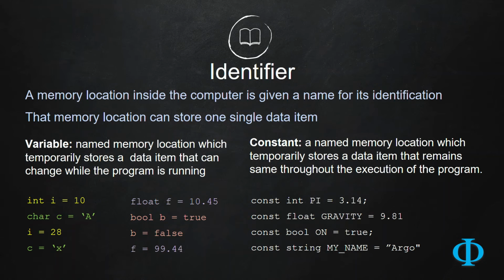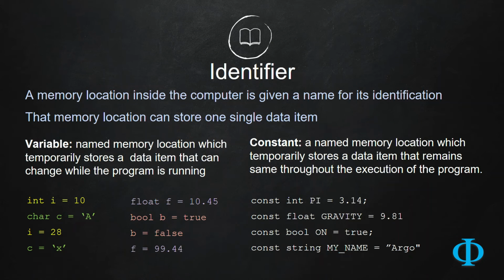Once we know about the data type and the concept of identifier, it will be very easy to use them together in a C++ program. In this slide, you can see several data types and identifiers defined in a C++ program.